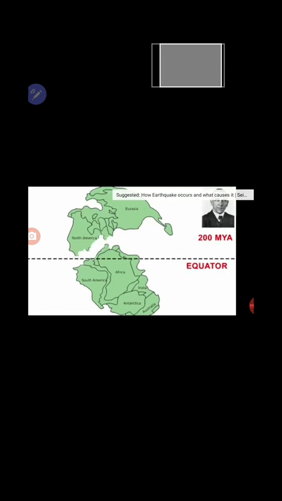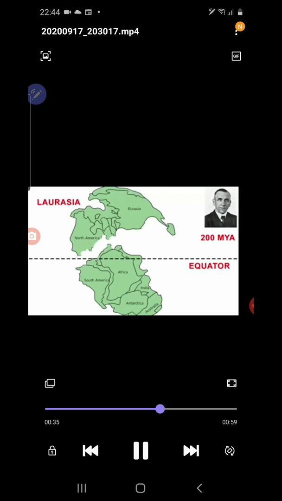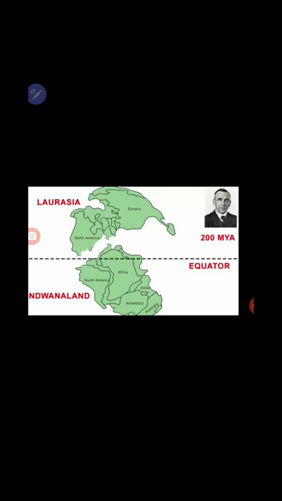Present Europe and part of Asia, North America, these are the part of Eurasia. So Gondwana land and Eurasia formed. Again further breakup took place within these 2 continents to form all the 7 continents. You can see here.